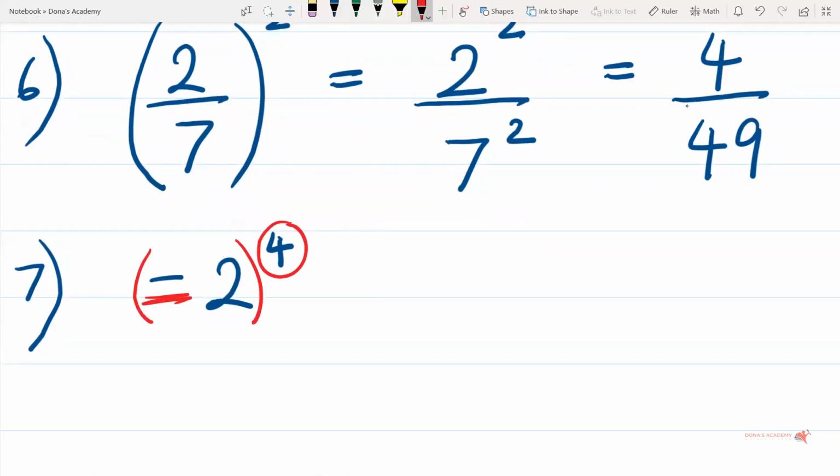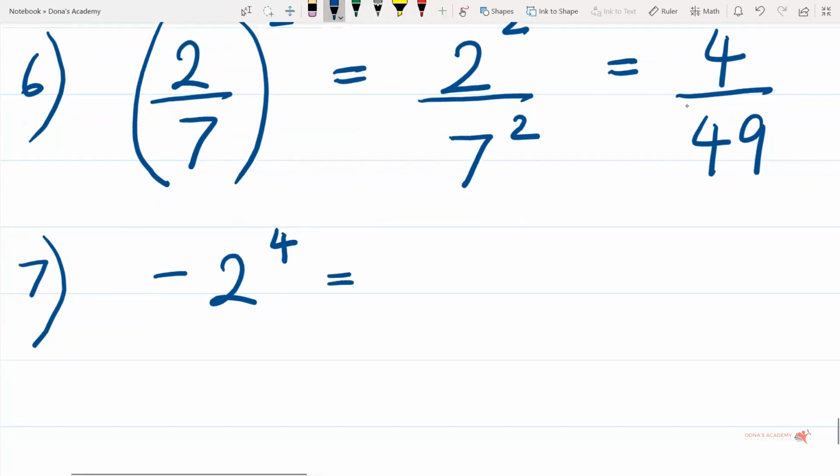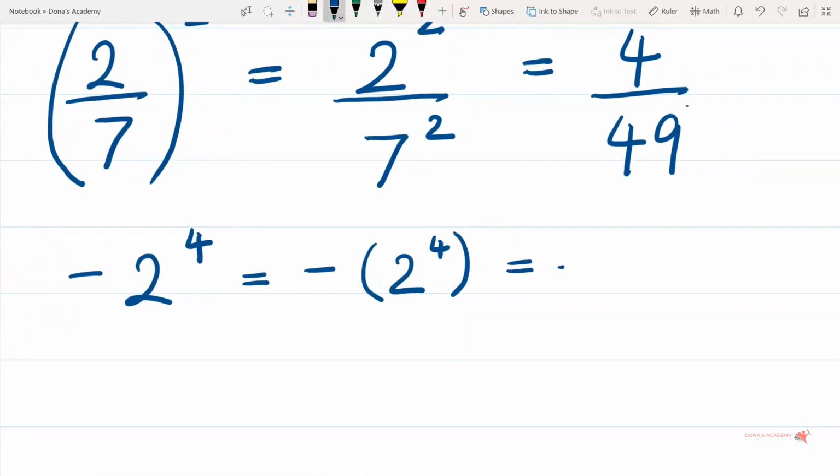So in this case, this is same as negative and then 2 to the power 4. So this is same as negative 16. So the answer is negative 16, not positive 16.